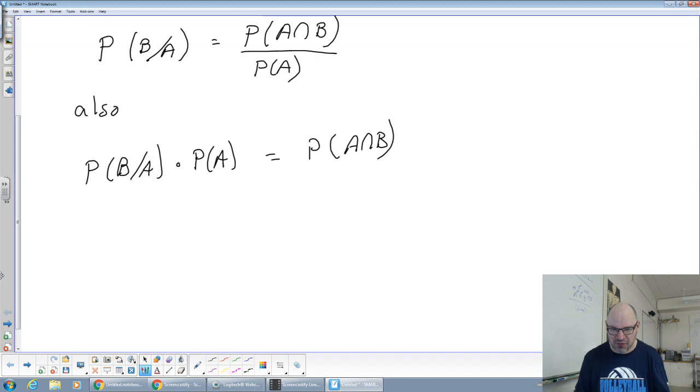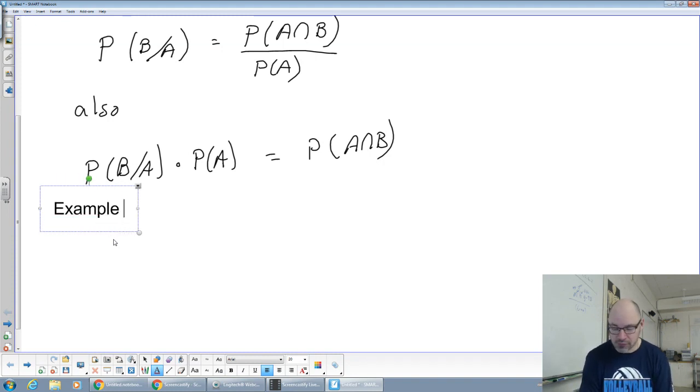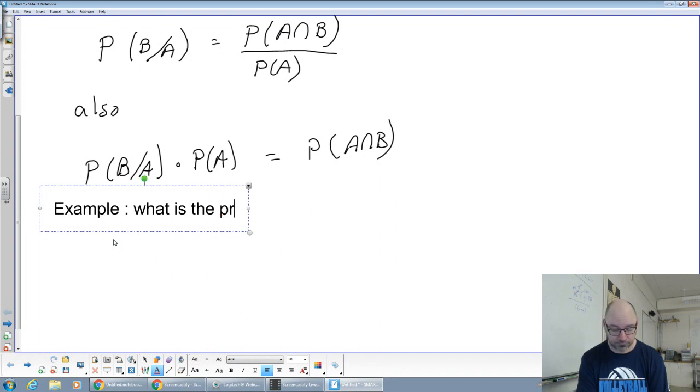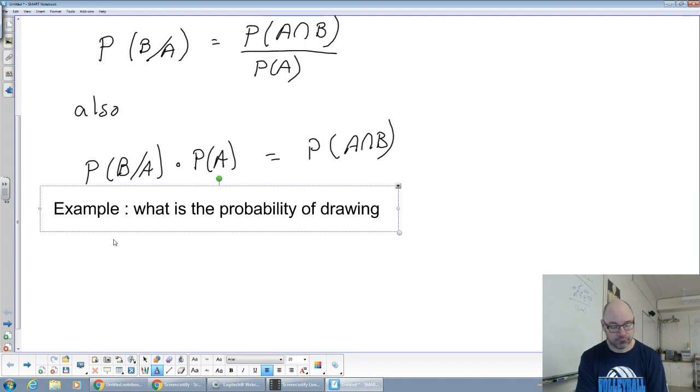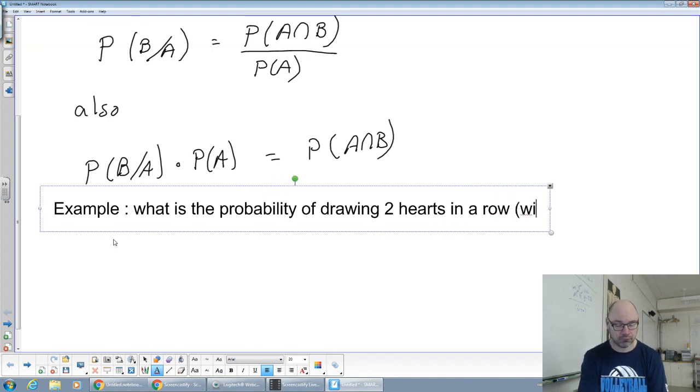So an example of that: what is the probability of drawing two hearts in a row, without replacement, from a deck of cards?